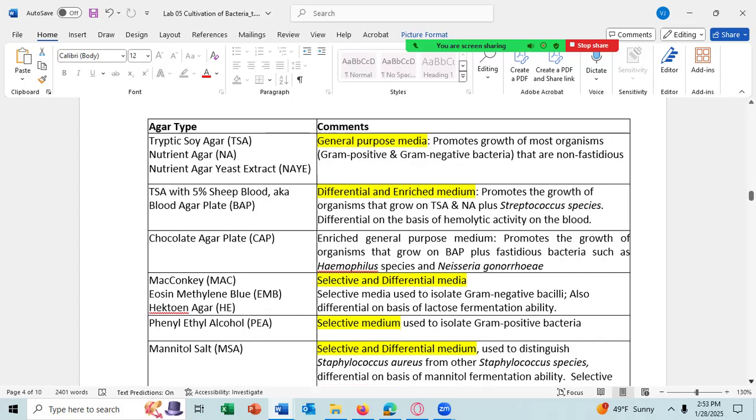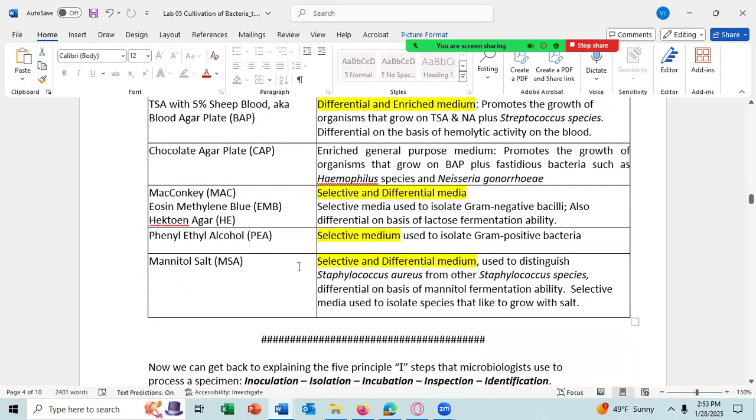And then there's mannitol salt agar. This is a selective and differential media. It is selective because it selects for high salt. An organism, if it can grow in high salt, tends to grow in mannitol salt agar because it has 7% sodium chloride in it.